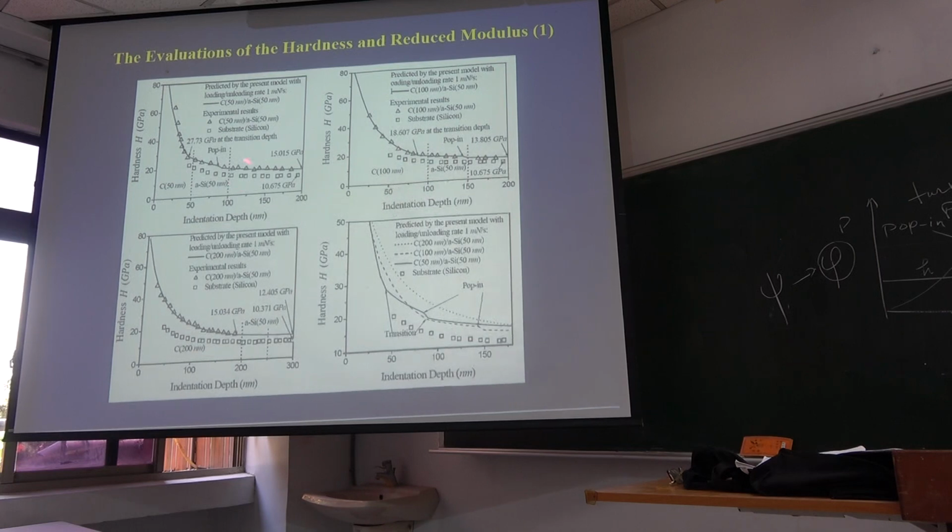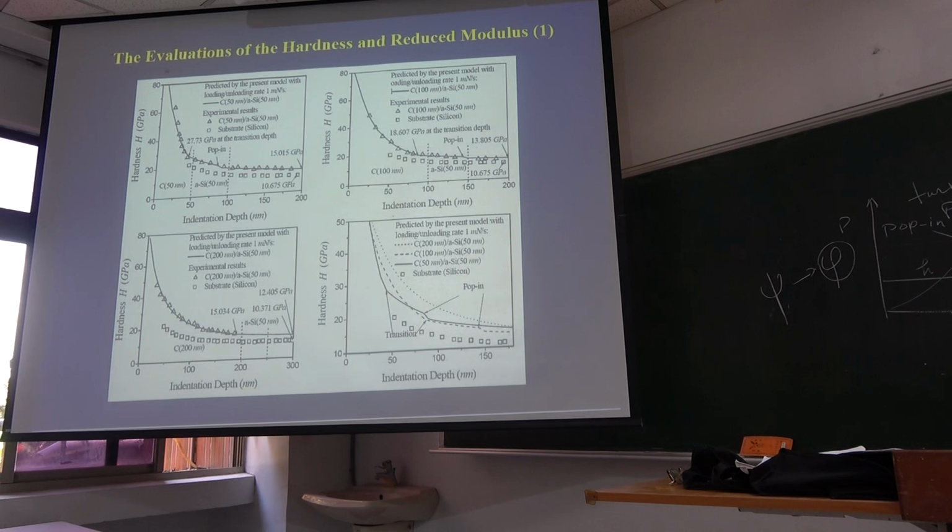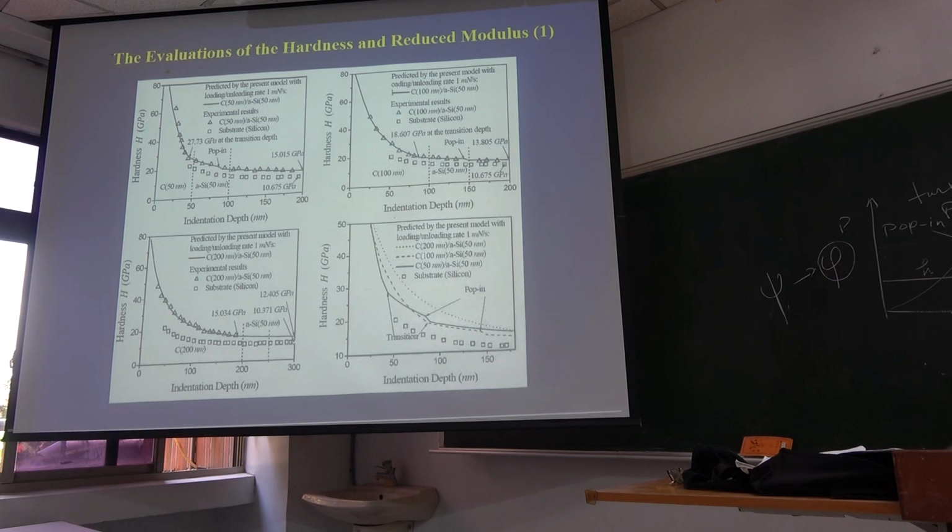All right. So this solid curve is predicted by the spherical model. All right, the spherical model, and the triangle data are experiment data.